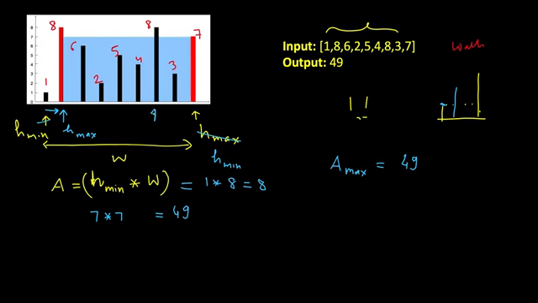So our new index is this, and we compare this with the earlier max. If it's more than max, we will update max and min. But in this case, it's not more, it's equal. So we will not change. So this is our new h min. New h min is 8. And the width has now decreased by 1, so it's 6.